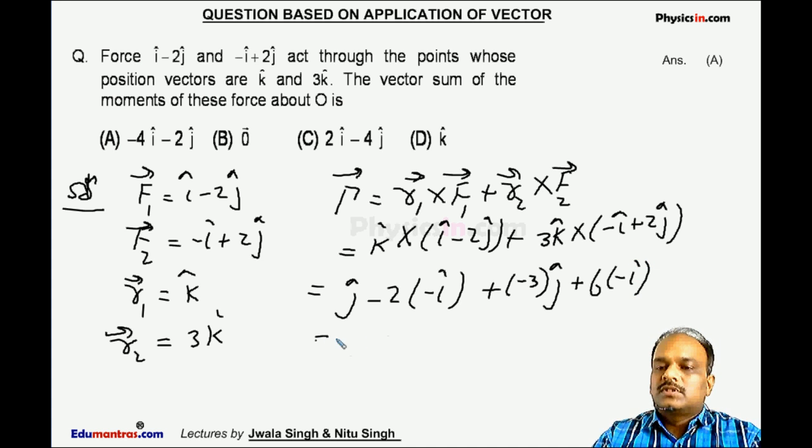So this is equal to j cap plus 2i cap minus 3j cap minus 6i cap.